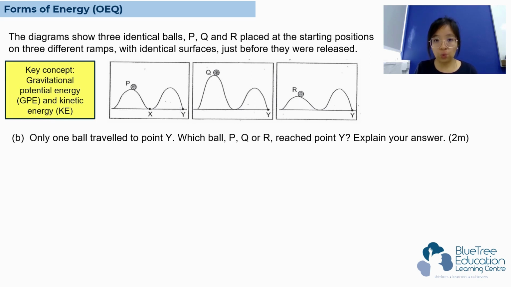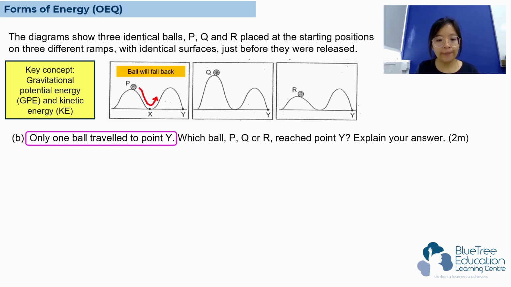And we need to know which ball actually has enough energy such that it can go past the second hill. Okay, now let's take a look at the question. We need to highlight the keyword, which is only one ball out of 3 balls traveled to point Y, and point Y is at the end of the second hill.